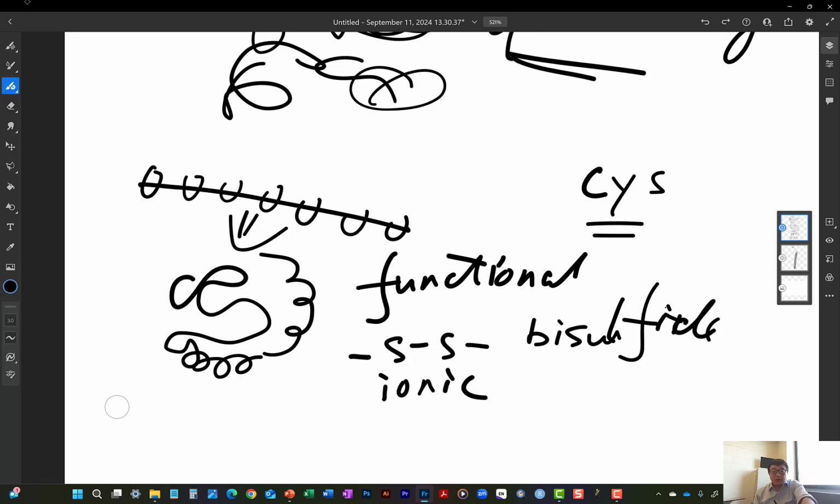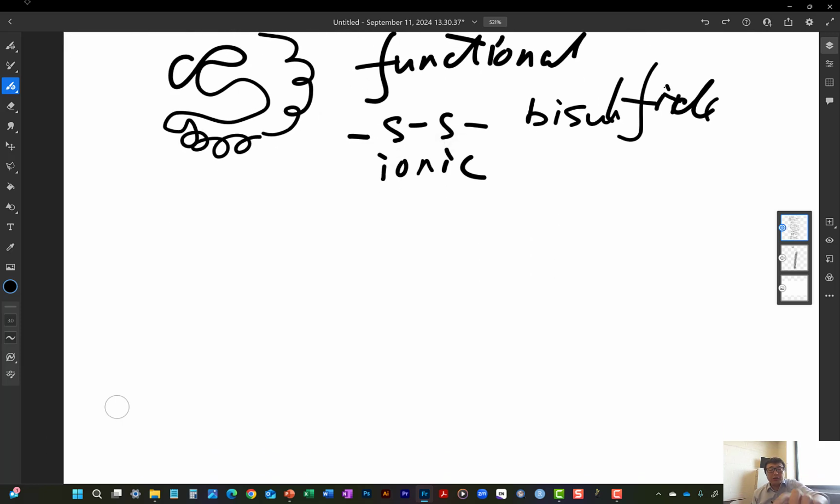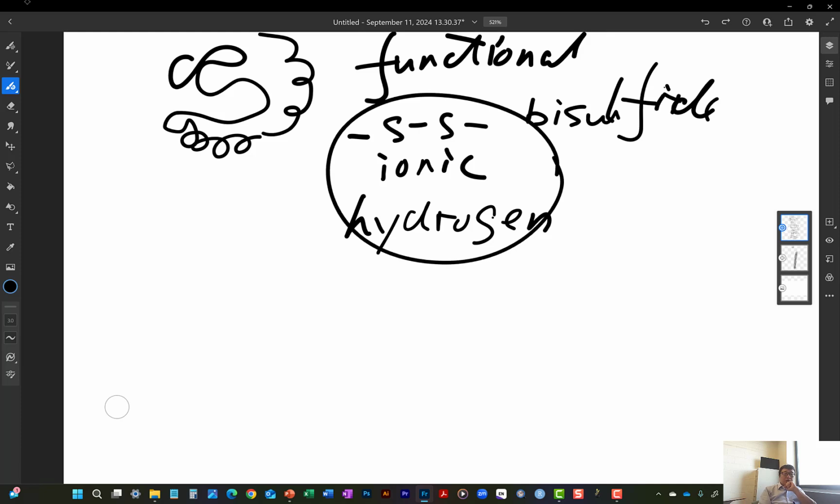But most important, I'm not sure I can say most important, but I think I can say the most important thing is the hydrogen bond. The hydrogen bond also contributes a lot to protein folding. So in many of those, this bonding has a potential.